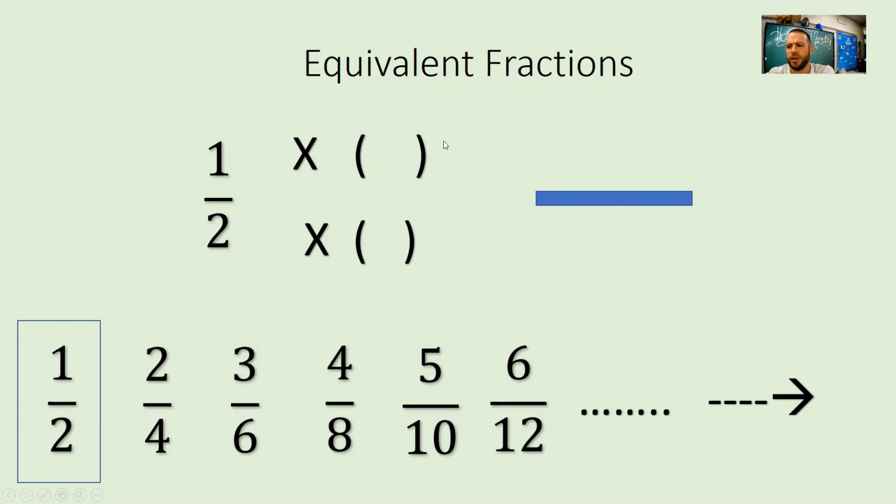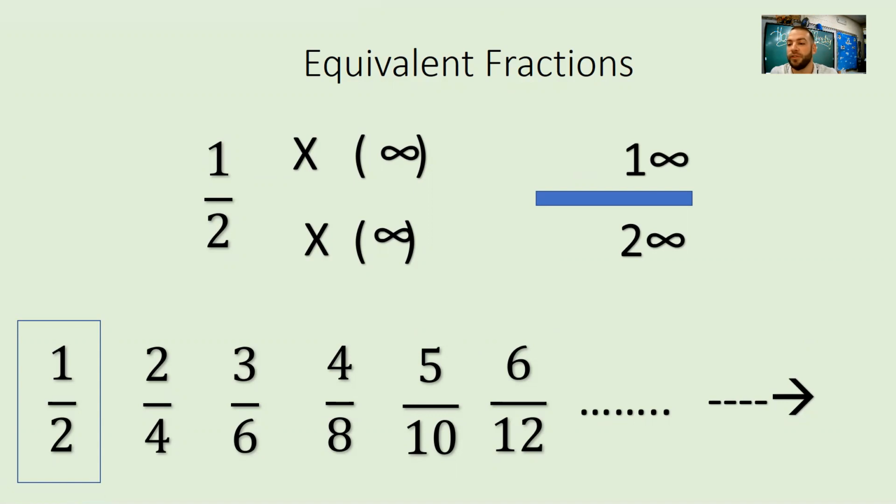Now, so then the real question is, what's the biggest number I could put here? Infinity. Infinity is the idea that the numbers never stop, right? So I can continue to put larger and larger numbers here, and I can keep going to find another equal fraction, another. The only thing that's in common is the numbers themselves are going to get larger, but the amount will be the same.